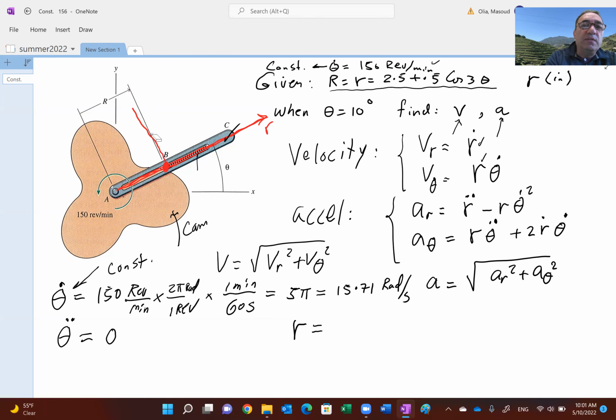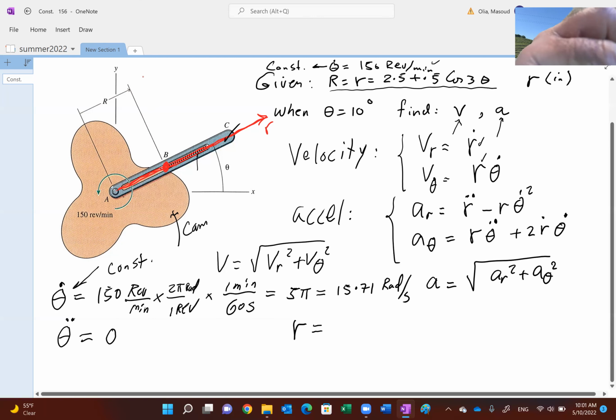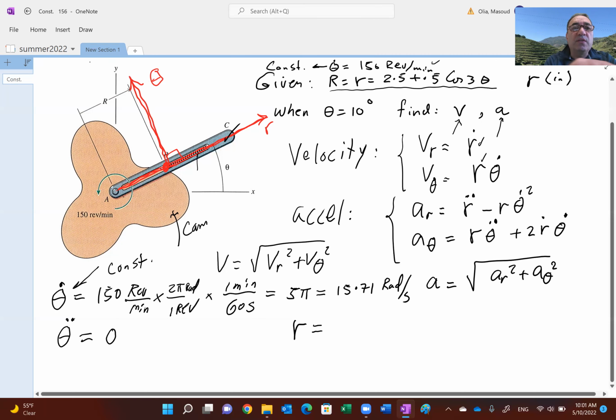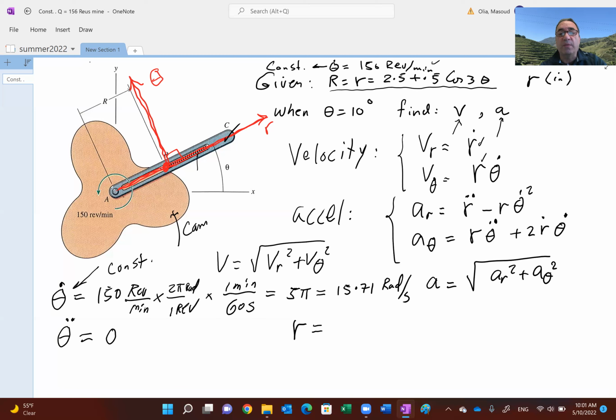So that would be the theta axis right here, 90 degrees to that. That's what we mean by the radial axis and transverse axis. Now we are ready to figure out what is R, R dot, and R double dot.